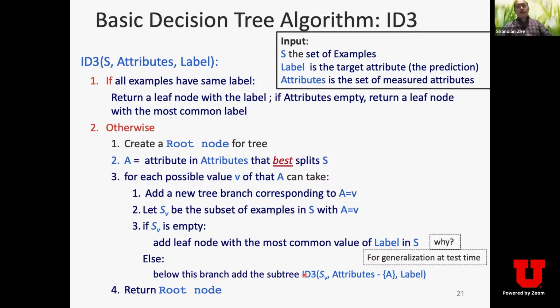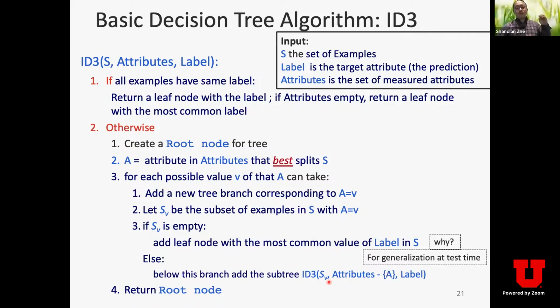So we call ID3 again, and now the input is changed: the subset becomes SV, namely all the examples in S whose attribute A takes value V. And then the available attribute set should have A removed. Why? Yeah, we have already used A to split the data set, right?